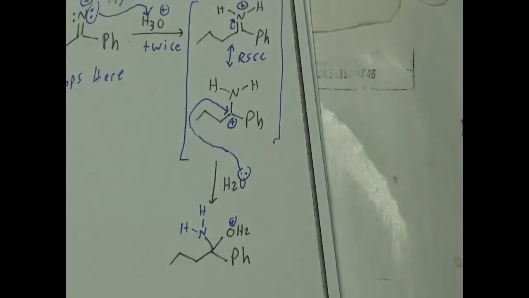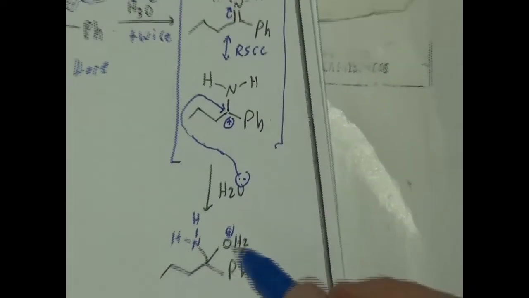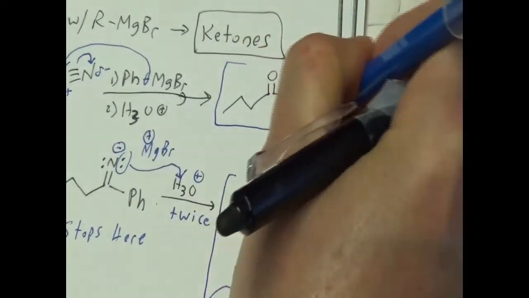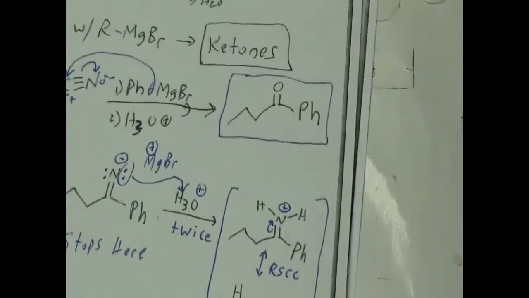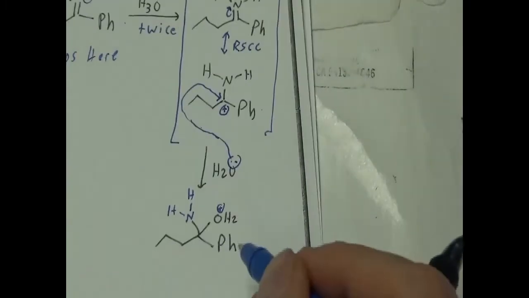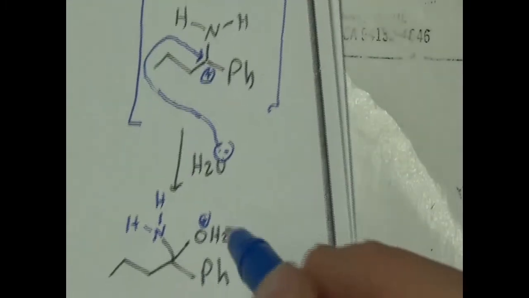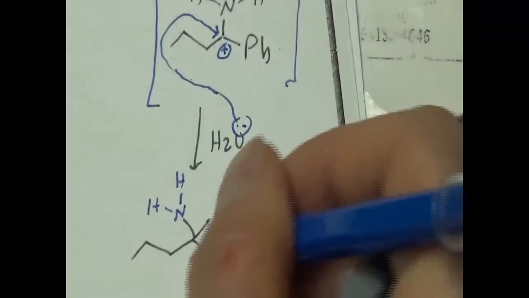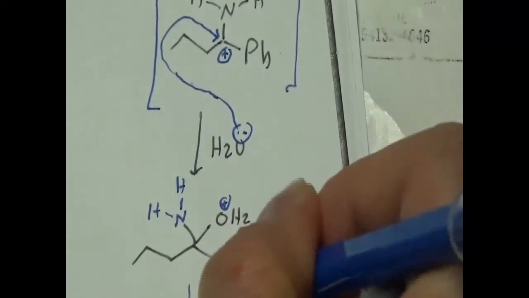What do we need to do now? We've got to get rid of the nitrogen to make a ketone, right? Our final product's a ketone. So what are we going to do? We need that oxygen, we don't need the nitrogen, so we're going to proton transfer from the oxygen to the nitrogen, right? PT.